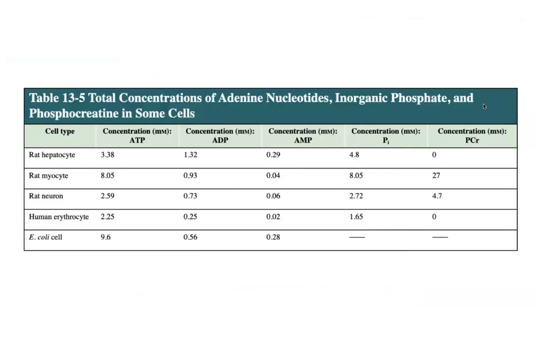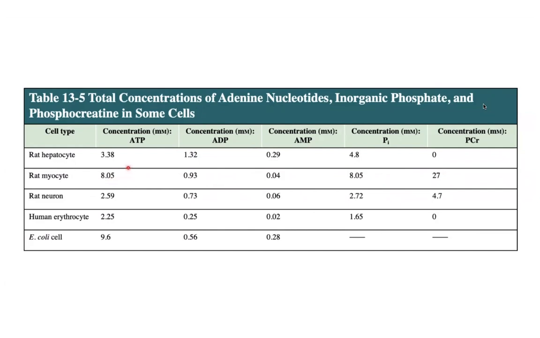So your cells are able to have different levels of ATP and ADP and AMP and creatine and all this stuff. The concentrations of all these are going to vary from cell to cell, depending on what types of stuff they need to be doing. You can see that in a muscle cell, they have a lot of ATP, and they have a lot of the phosphocreatine, so they're stocked up in case they need to do things.